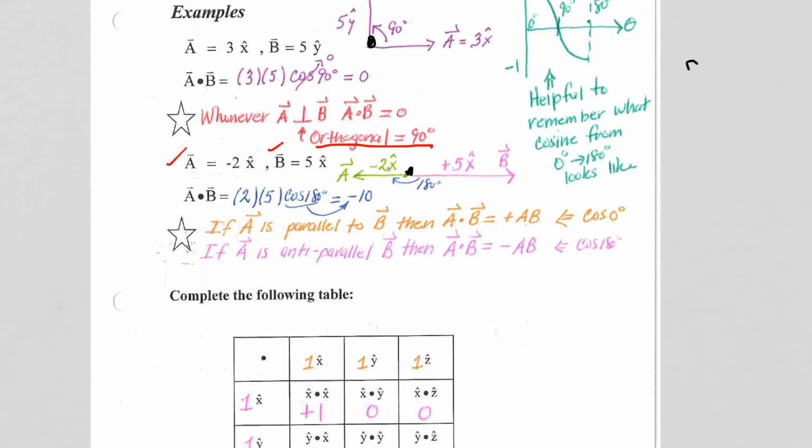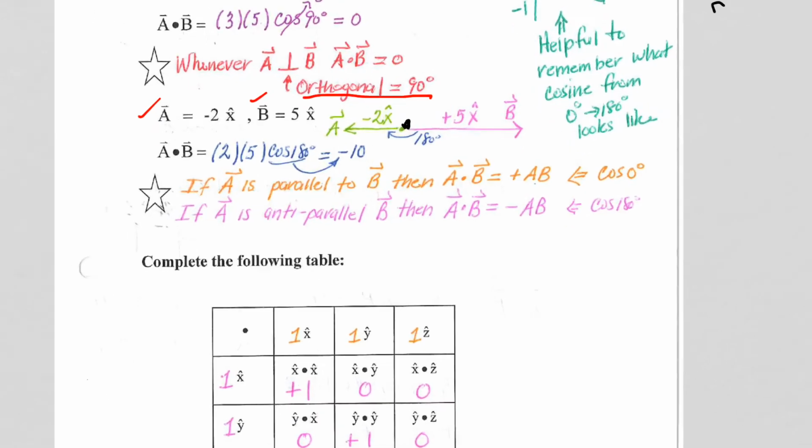If they are parallel, you get plus AB. If they are anti-parallel, and yes, anti-parallel is a real thing, that's a word, check with your math teachers, it means that you have vectors pointing in opposite directions, you will get negative AB. And that's going to help us out in terms of taking some quick calculations later on. Basically, the next page of notes, we're going to look at that real quick.